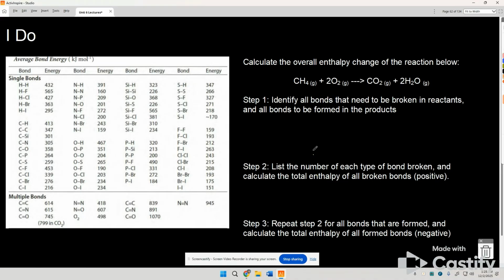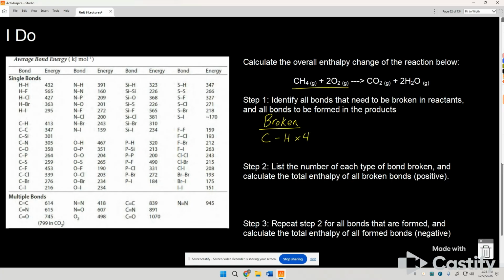So here in my reactants, my bonds that need to be broken, I look at my CH4 and what kind of bonds do I have there? I have carbon to hydrogen bonds, right? And how many of those bonds are there that I'm breaking apart? There are 4 of them, right?